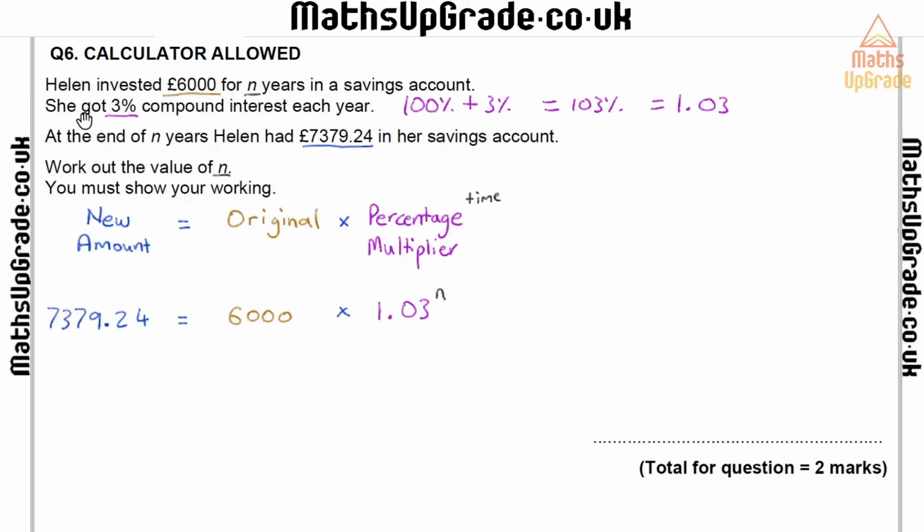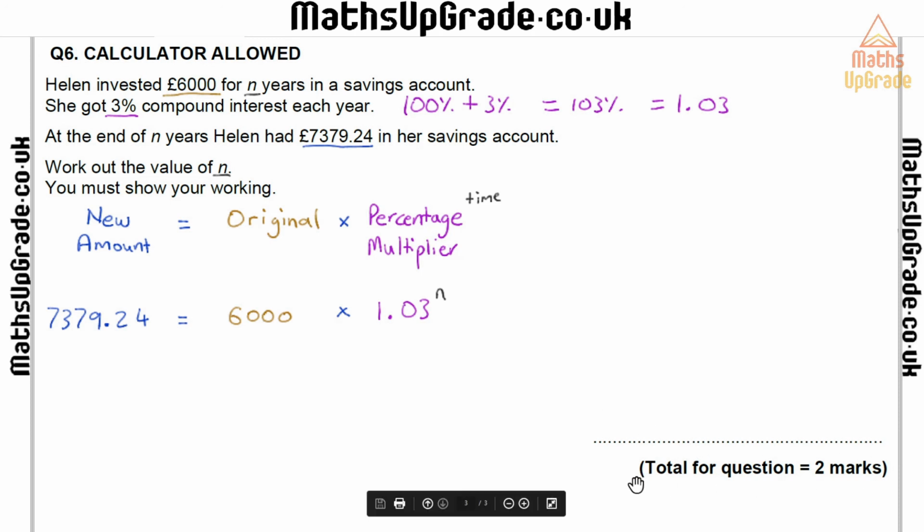So here's the multiplier. It's 3% interest, so it's 100%, add 3%, which is 103%, so the multiplier is 1.03. The new amount is given to us here, the original amount is given to us, and the multiplier is what we've just written here. But we don't know over how many years this was. So you need to set up your calculator so it's straightforward to do, so you can save lots of time in the exam.